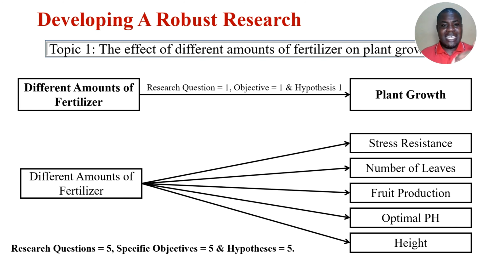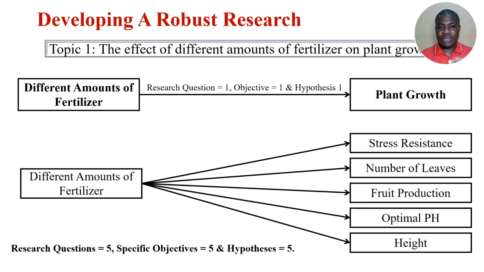And then you can see that the direct line from the independent variable, which is the amount of fertilizer, goes directly to the plant growth. So it shows one linear relationship. So you can apply a linear regression analysis here to learn the effect of different amounts of fertilizer on plant growth.